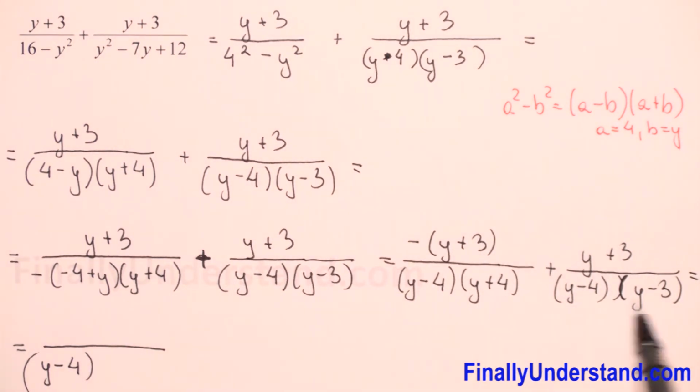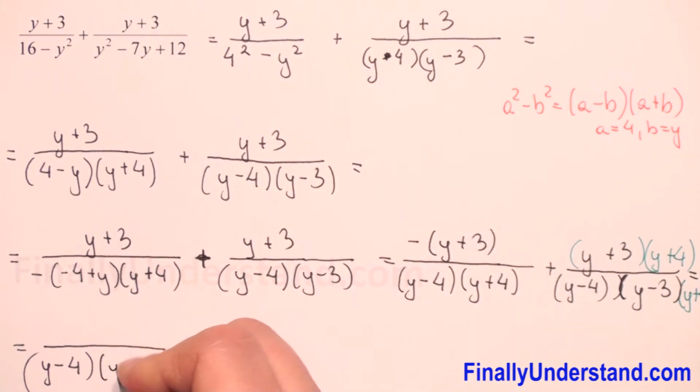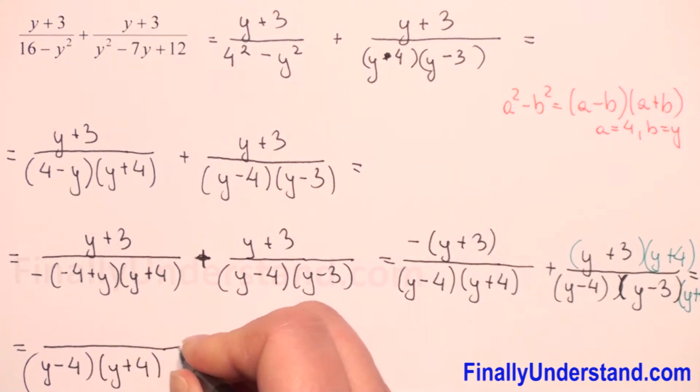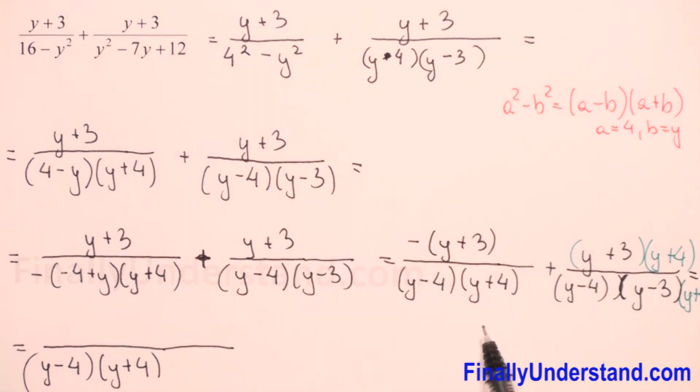Next we have y plus 4, and we don't have y plus 4 in the second denominator, so we will multiply this denominator by y plus 4 to have the same denominator. If I multiply this denominator by y plus 4, I have to do the same with the numerator. And now we will have y plus 4 in the denominator, and what else?